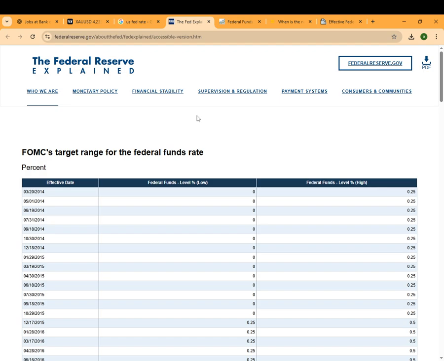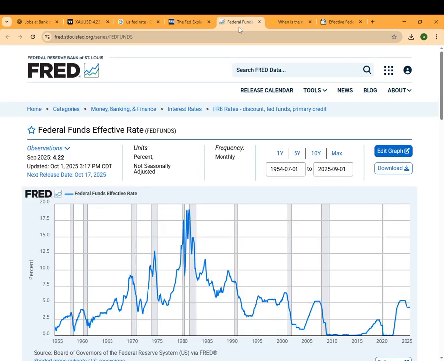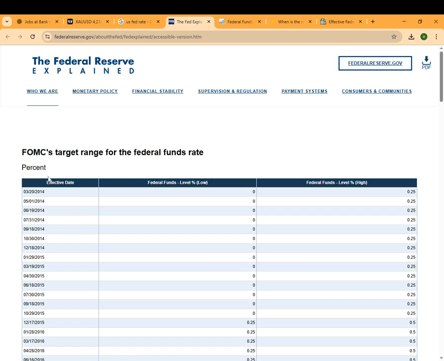A hawkish surprise would pressure gold. US dollar strength: gold often moves inversely to the US dollar, and a weakening US dollar supports gold's upside. And this is the chart of the Fed Reserve FOMC target range for the federal funds rate. This is the data.